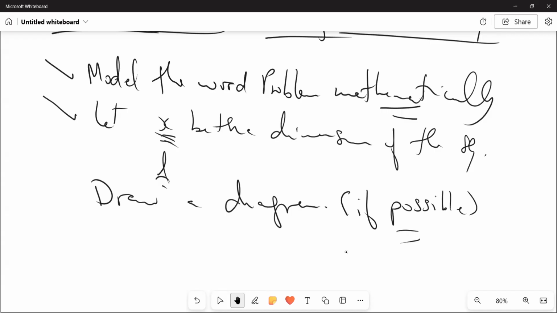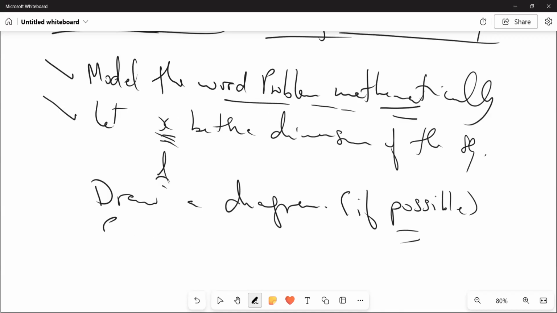That may not be possible. Sometimes, though, you do have that situation, and I'll probably do an example or two to show you where a diagram is possible. At other times, what you'd want to do is what this first part is saying.